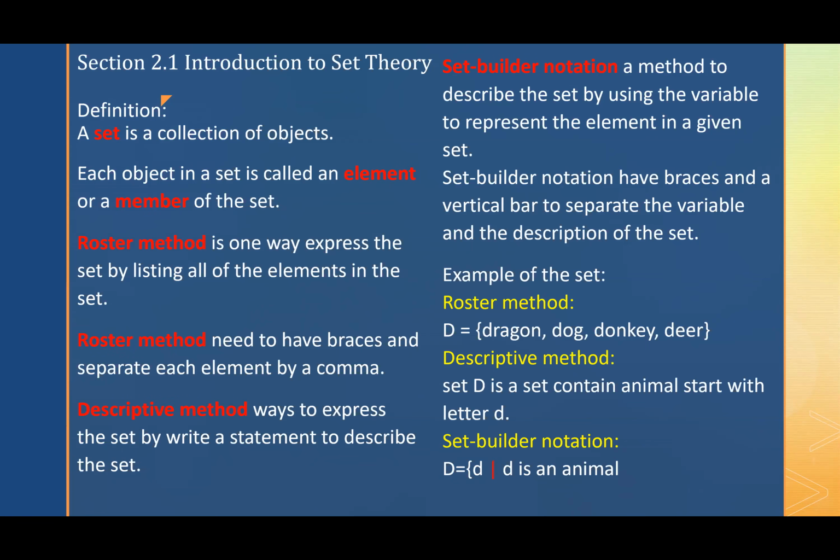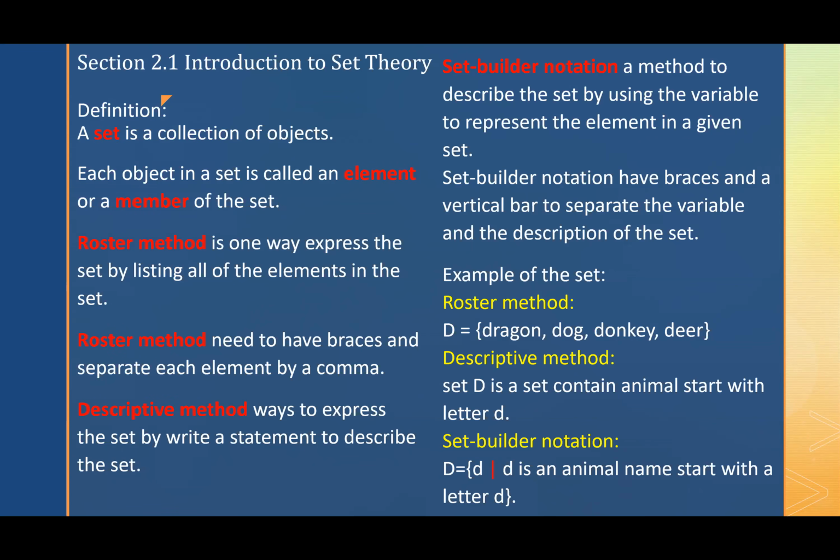The reason why you want to name your set is that in that problem, instead of listing the set all the time, we just say set D, right? For instance, set D is dragon, dog, donkey, deer. Instead of listing dragon, dog, donkey, deer every time, I just say my set D. And then you say, okay, set D, the items are dragon, dog, donkey, deer.